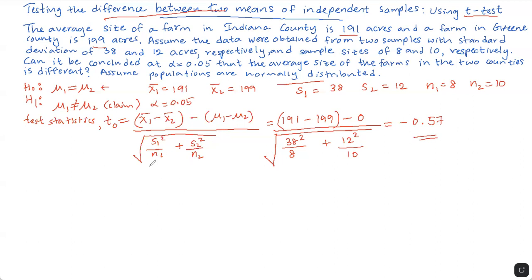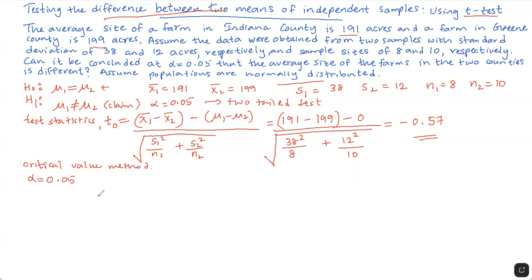For this kind of problem, we can use two methods to make a decision. One method is the critical value method, the other one is the p-value method. So let's look at the critical value method. Alpha is 0.05. As you can see, the alternative hypothesis is not equal, that means two-tailed test.